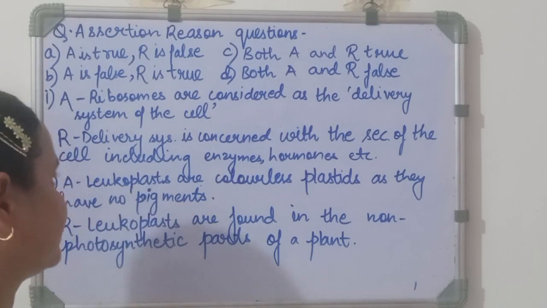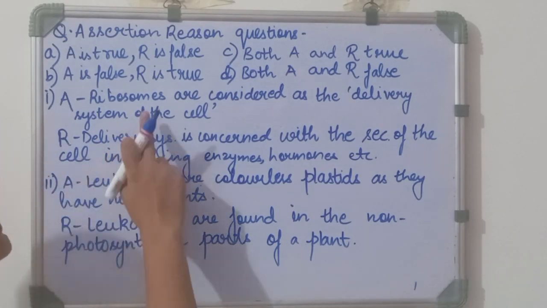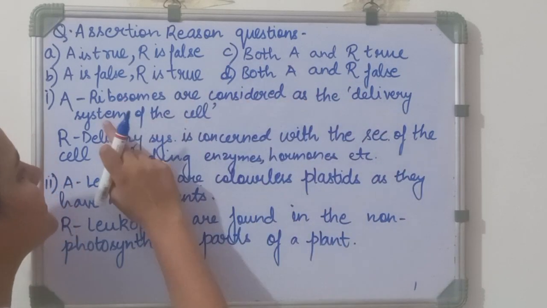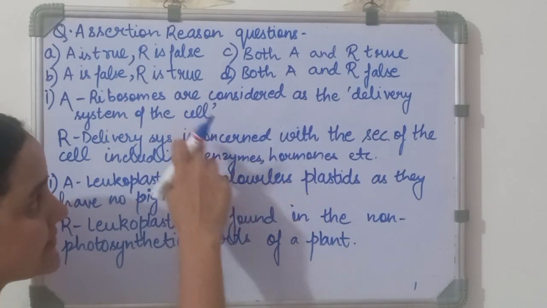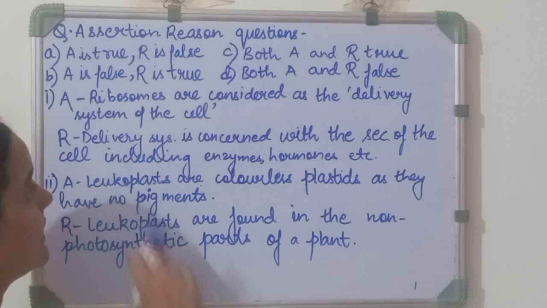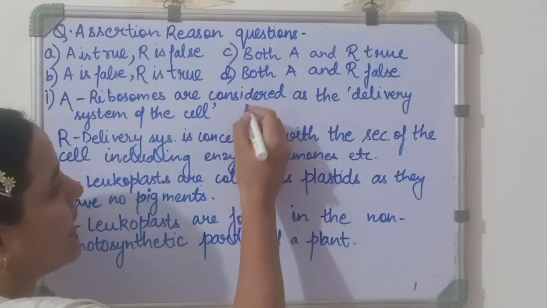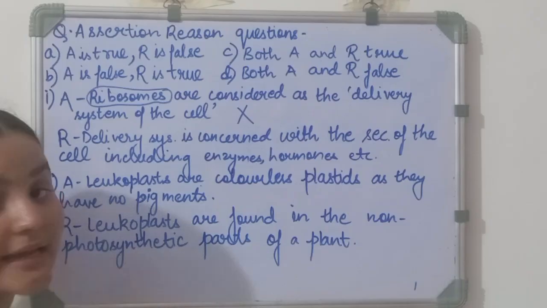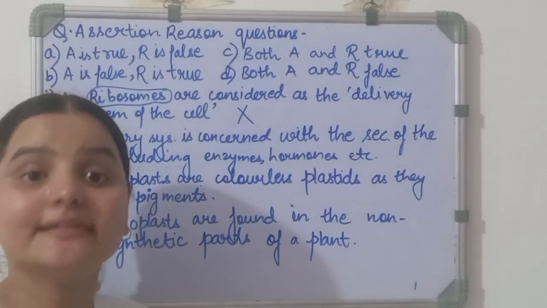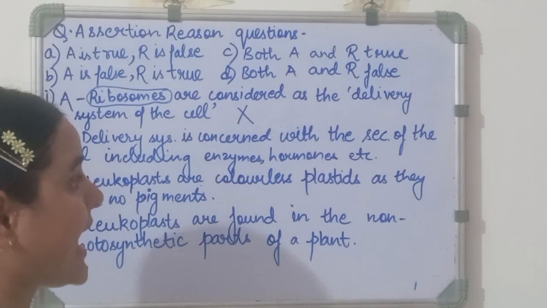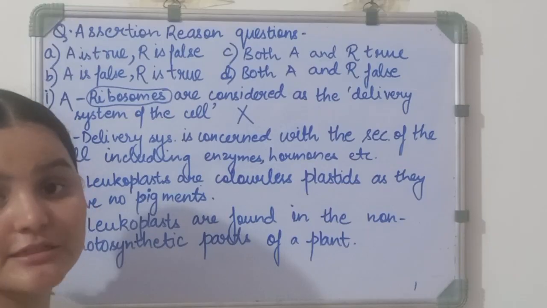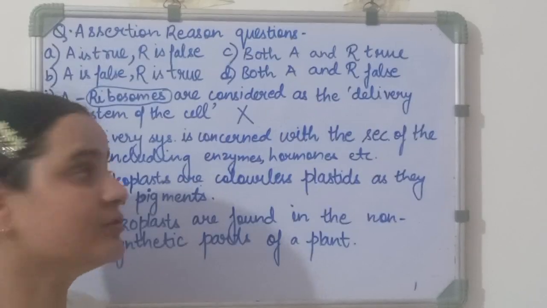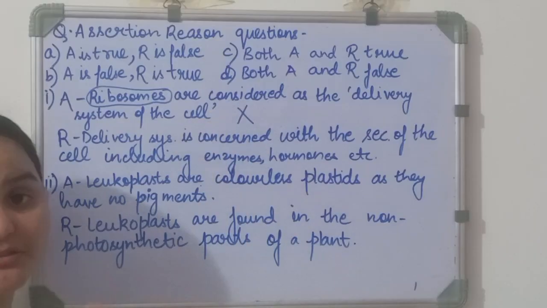So let's begin. Assertion: ribosomes are considered as the delivery system of the cell. Is this assertion true or false? It is false. Why? Because ribosomes are the site of protein synthesis, and for delivery system we have our Golgi bodies and endoplasmic reticulum. So here our assertion is wrong.